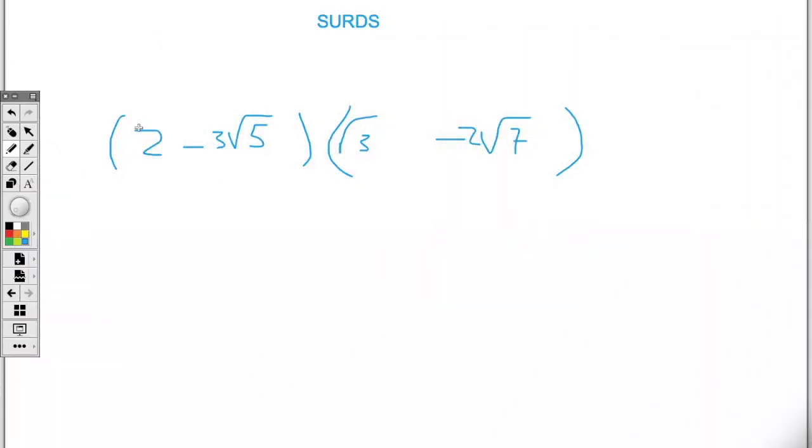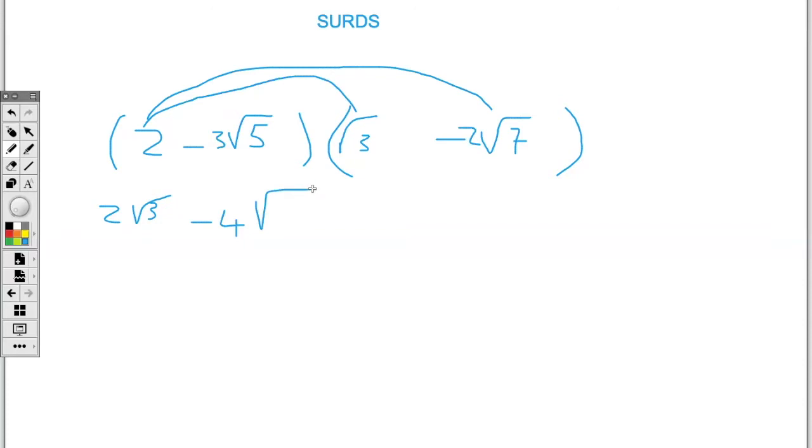So if we have another bracket to be expanded, we'll do the same. So we'll have 2 times root 3 to give us 2 root 3. Then 2 times root 7, so 2 4's, 4, so this is minus 4 root 7.